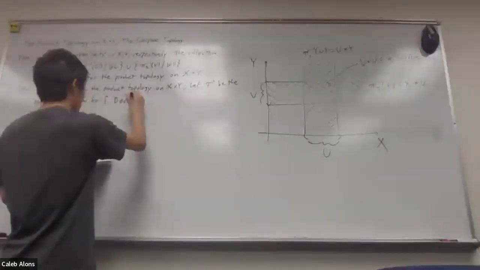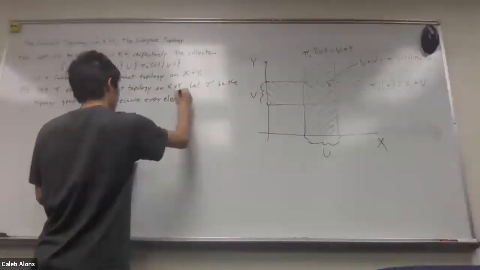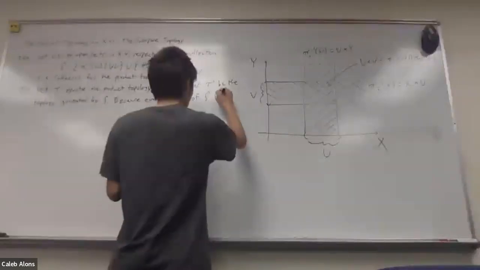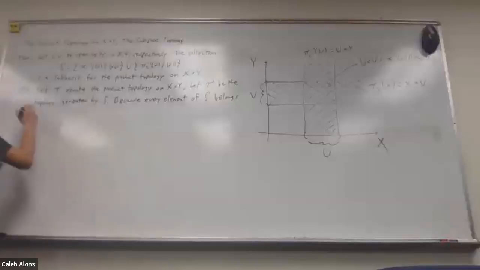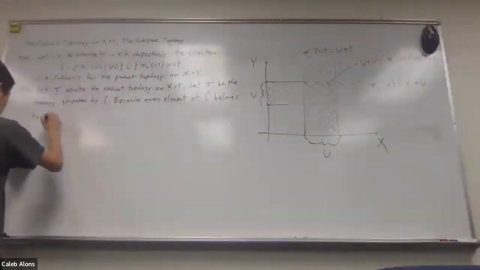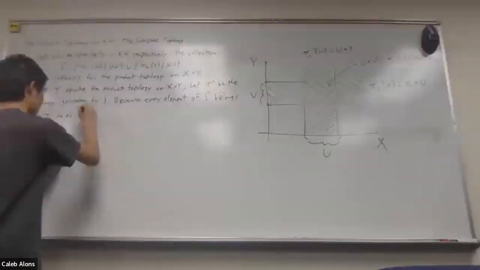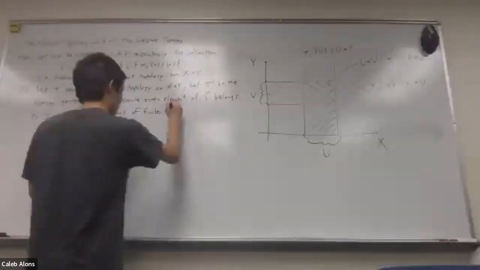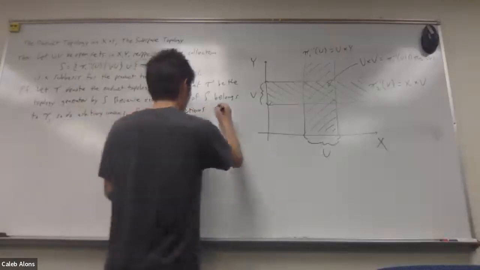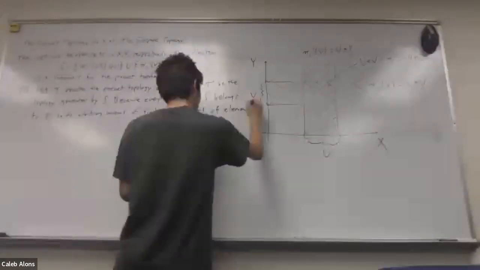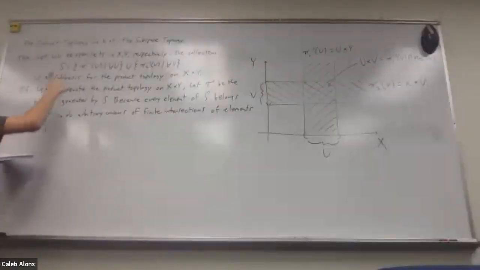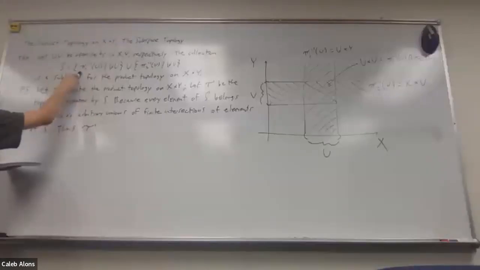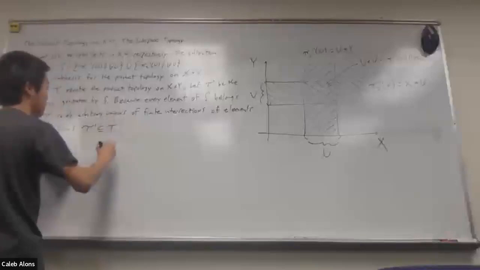Because every element of our collection S belongs to the topology, and so do arbitrary unions of finite intersections of elements of S. And so that's going to be more than what the product topology has, giving that our T prime, the topology generated from this, would be finer than the product topology.